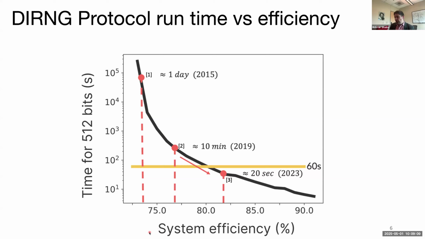And so if you have a system that is lossy, that can really affect the quality or the runtime of your experiments. You never want to be right on the edge of efficiency bounds. You want to be well above that in order to actually carry out these experiments. And if, instead of system efficiency, this was, say, the fidelity or quality of my entangled state, you get something kind of similar.